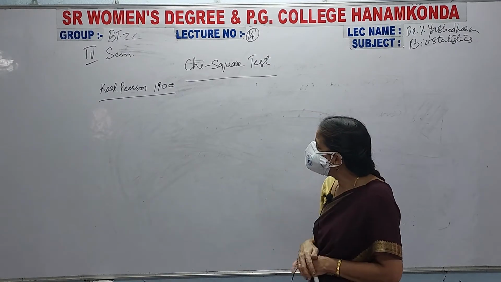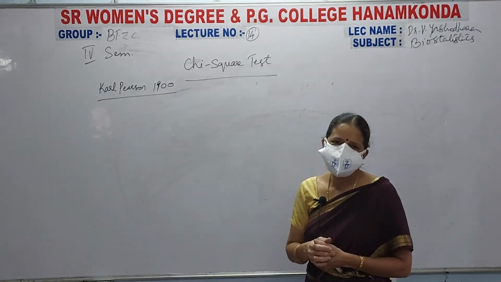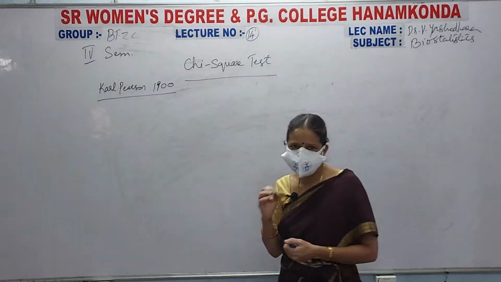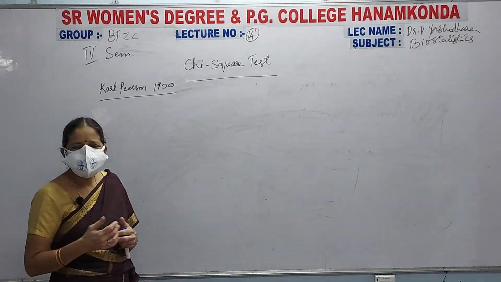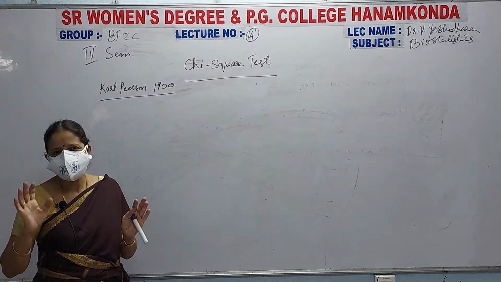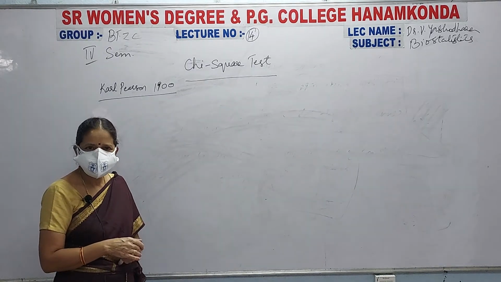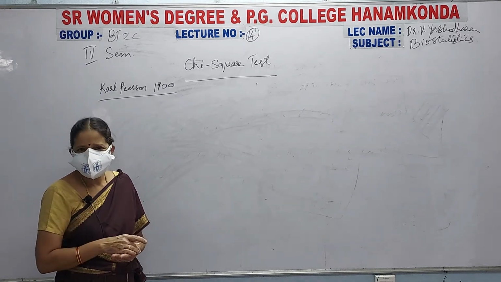Then what is chi-square test? See here, this is applicable in the biological experiments, especially in genetic experiments it is useful. When you are conducting a Mendelian experiment, it may be a monohybrid, dihybrid, trihybrid or any hybrid, you are conducting a genetic experiment. And the data you are getting, that will be analyzed by you.